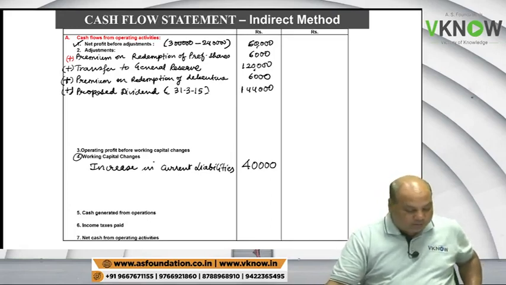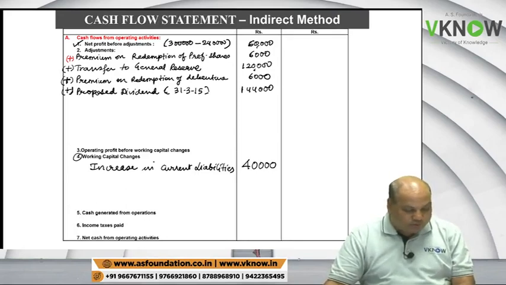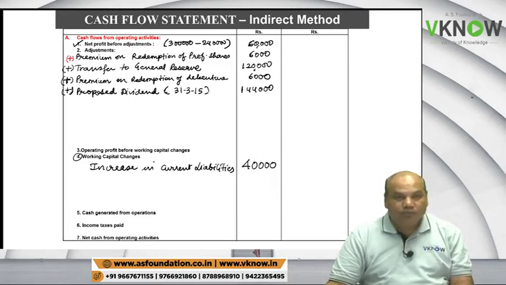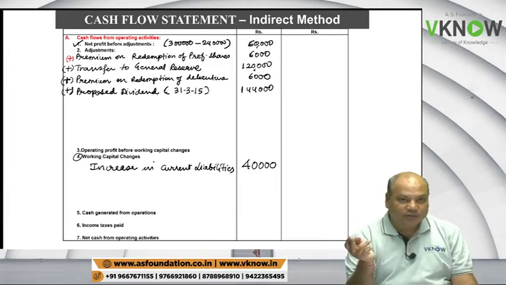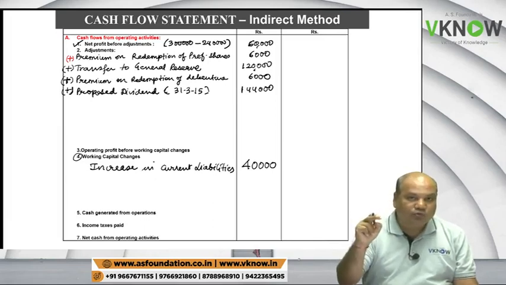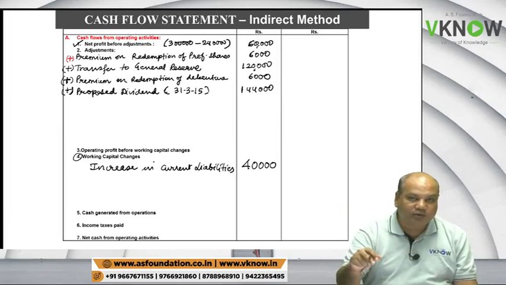After proposed dividend, on the liability side, provision for tax. Last year is 3,60,000 and this year is 3,40,000. The question is silent, so we will assume last year's provision for tax was paid.